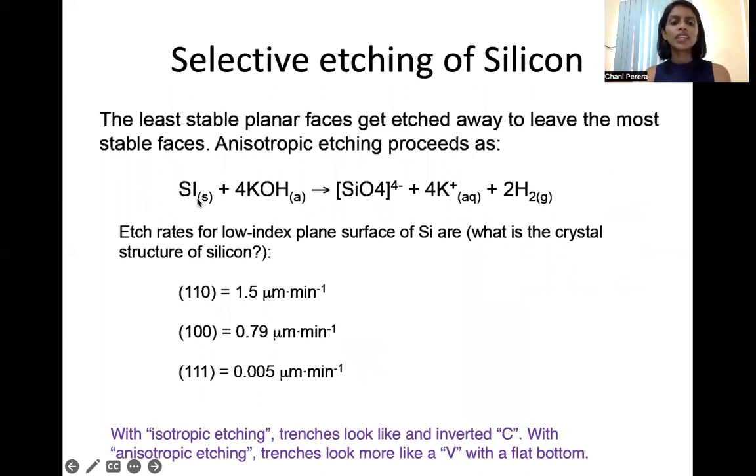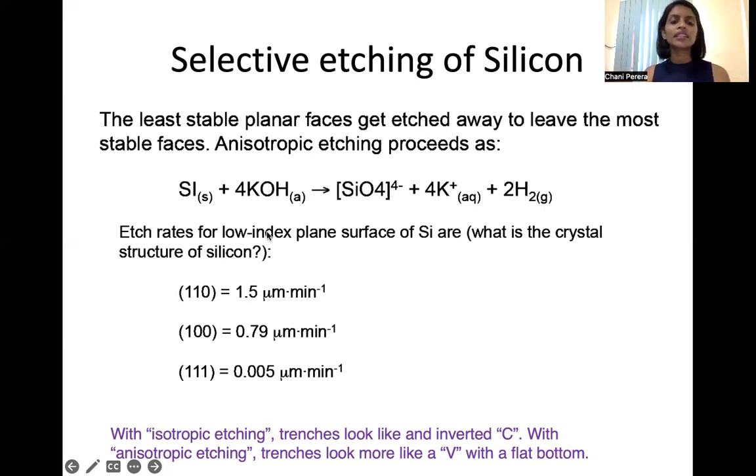So for anisotropic etching, let's take silicon. We do anisotropic etching with KOH. And then what happens? We have SiO4 to the power, and we have K plus, and hydrogen gas is coming out.